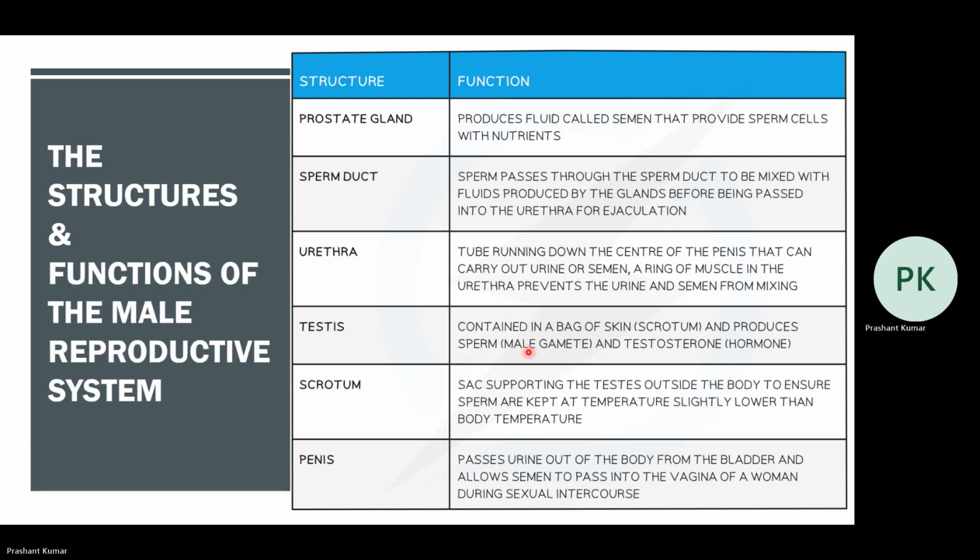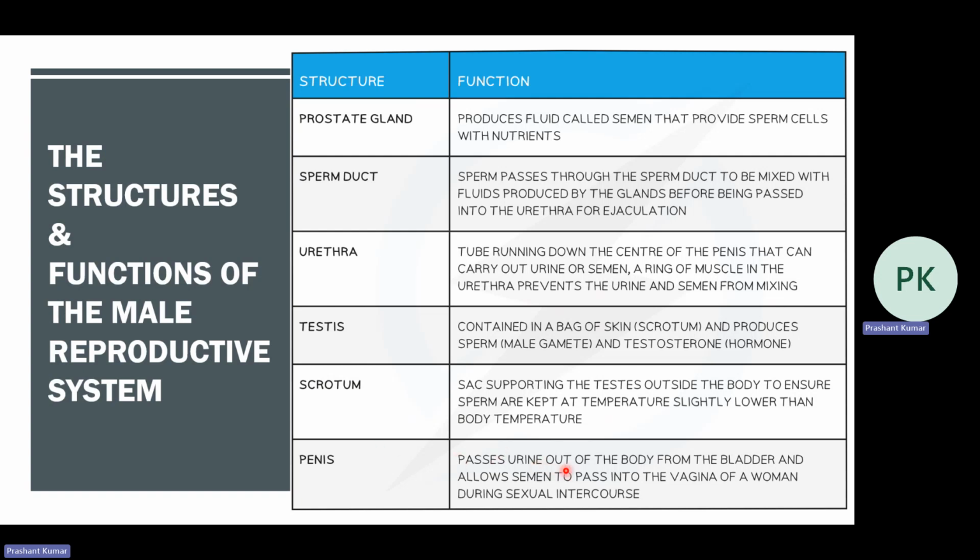The testis is in a bag of skin called the scrotum, where these gamete-producing cells are present. The scrotum is generally outside of the body to provide conditions for the gametes to grow and mature.